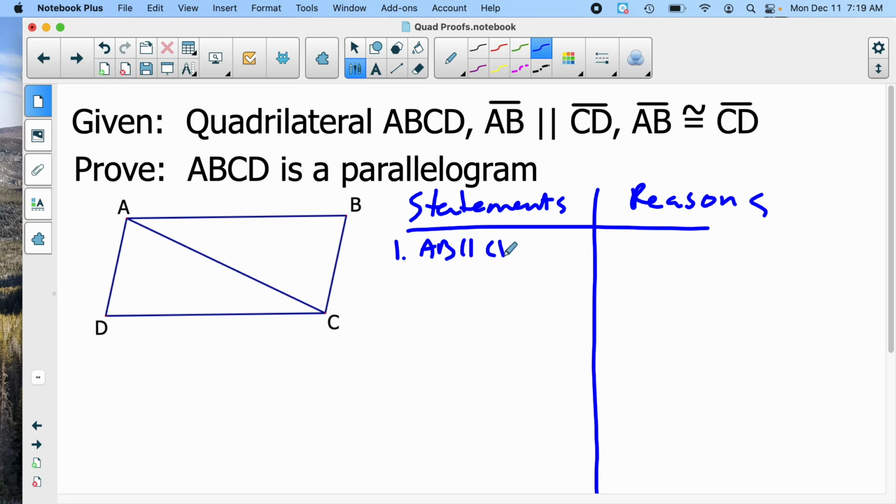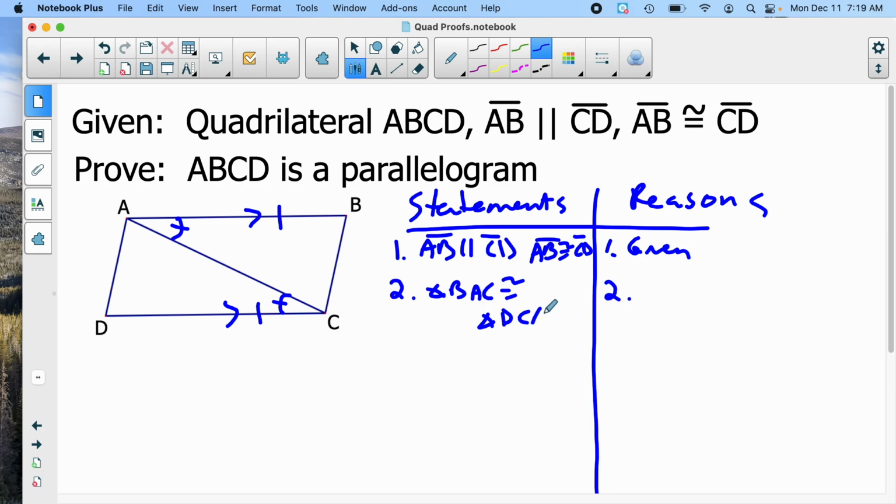So I'm given AB parallel to CD. So I'm given these two sides are parallel, and they're also congruent. Well, if I'm given parallel, I know I got congruent angles by AIA. So I'm going to say angle BAC is congruent to angle DCA.